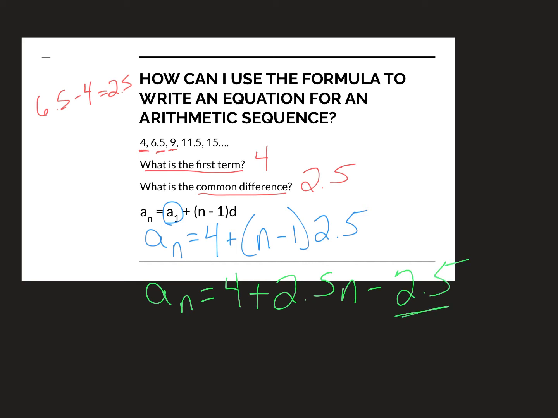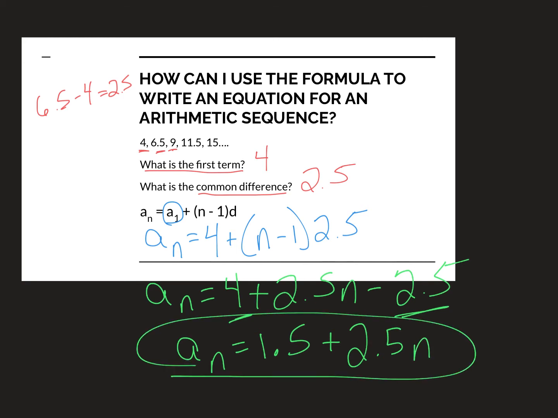I can then combine the minus 2.5 with the 4 and get a sub n equals 4 minus 2.5 gives me 1.5 plus 2.5n. Ooh, that was messy. And that would be our final equation.